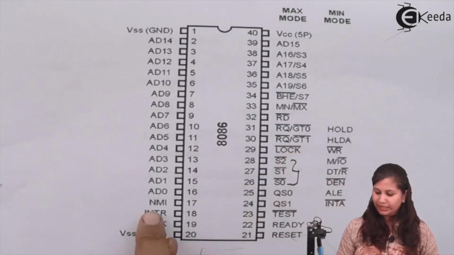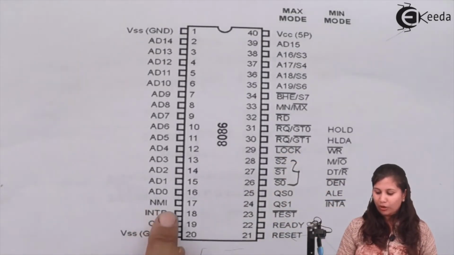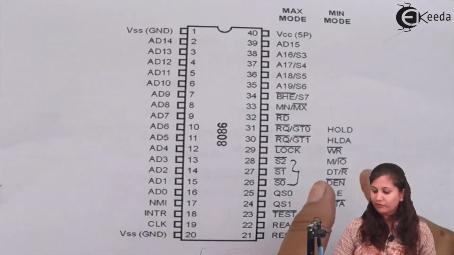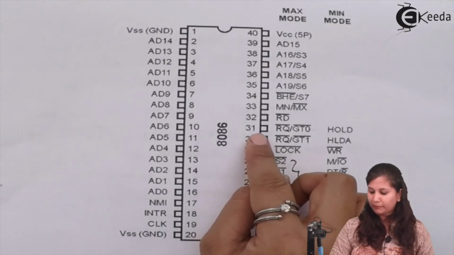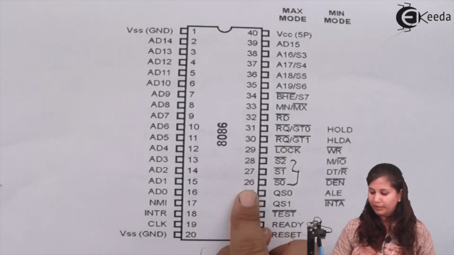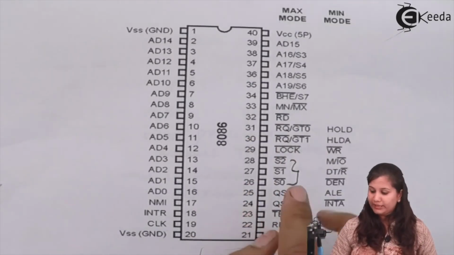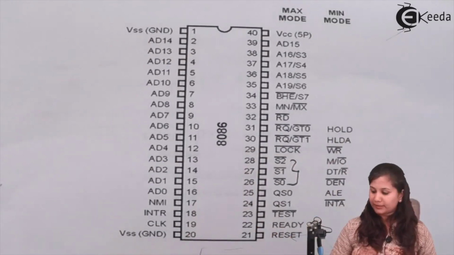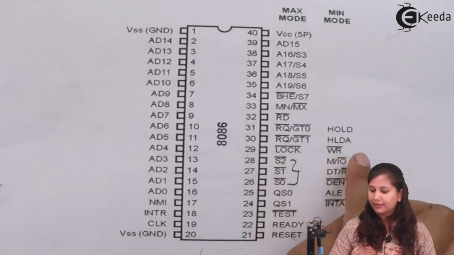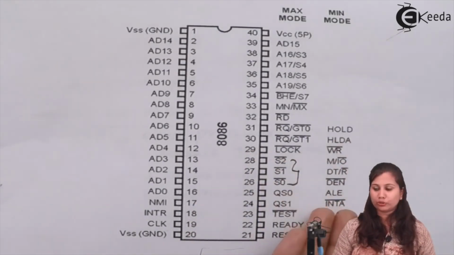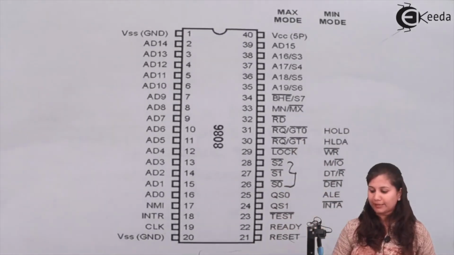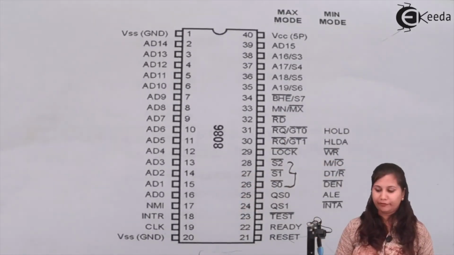Then NMI, INTR, the non-maskable interrupt, interrupt request, and clock signals. Then we have pin number 31 to pin number 24. These pins have dual functions, meaning their function is different in minimum mode and different in maximum mode.